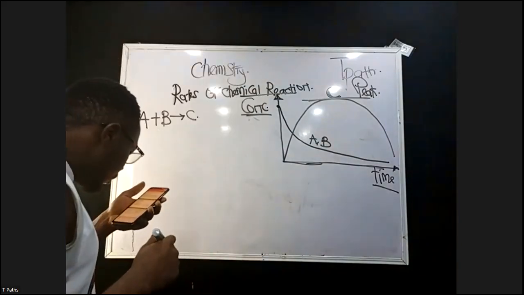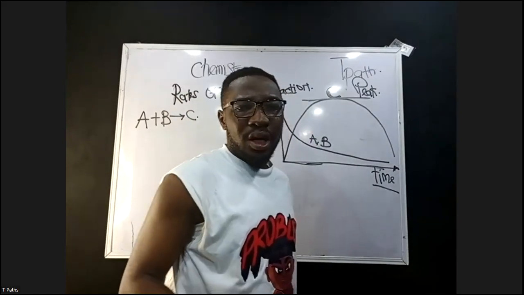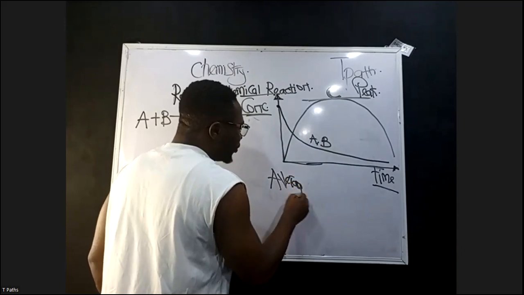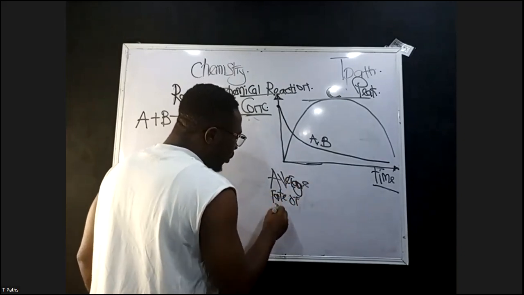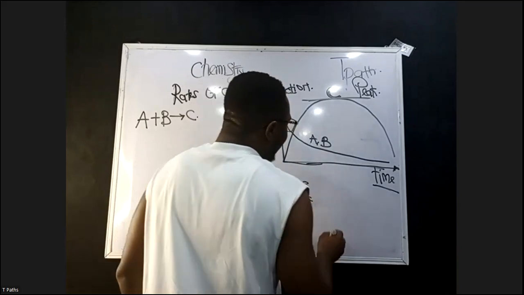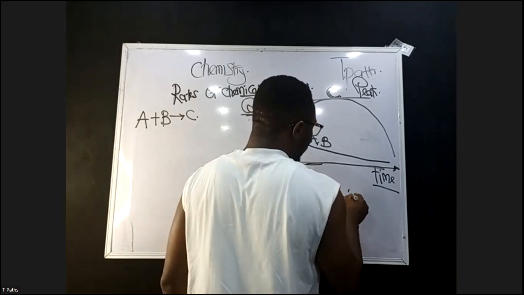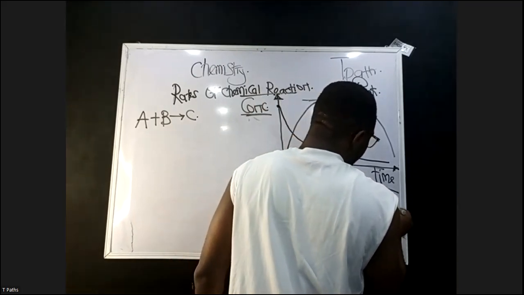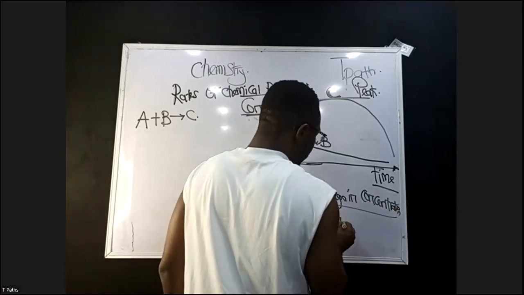Now, from this curve here, we can derive a lot of things, and one of them is the average rate of reaction. What do we mean by the average rate of reaction? Average rate of reaction is the change in concentration over change in time.